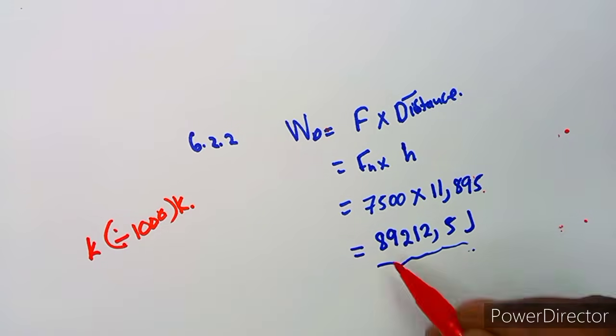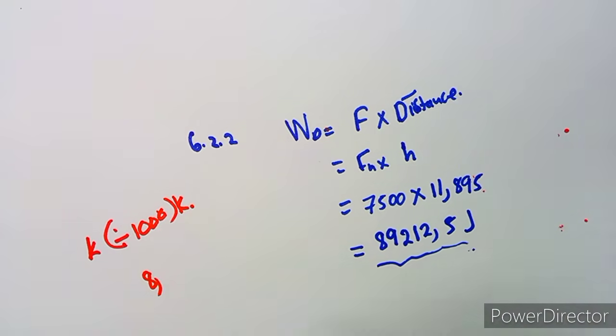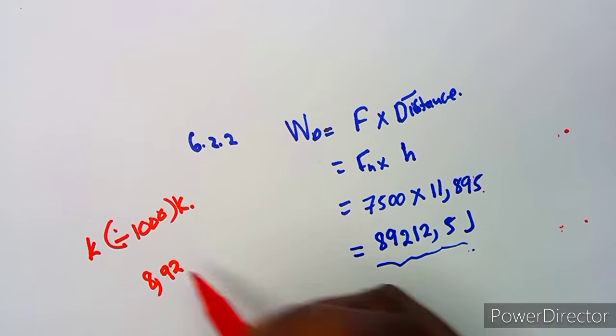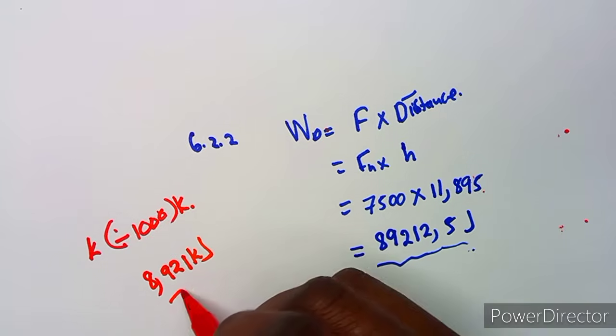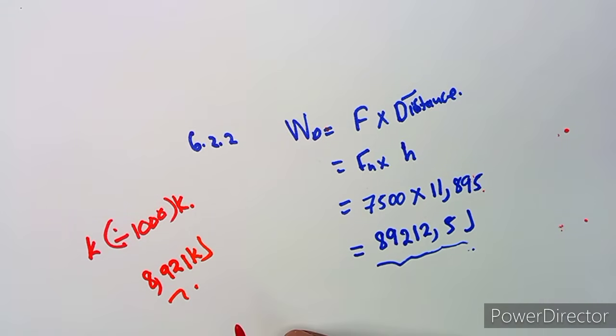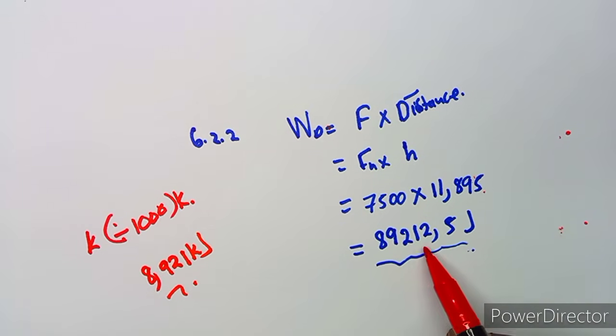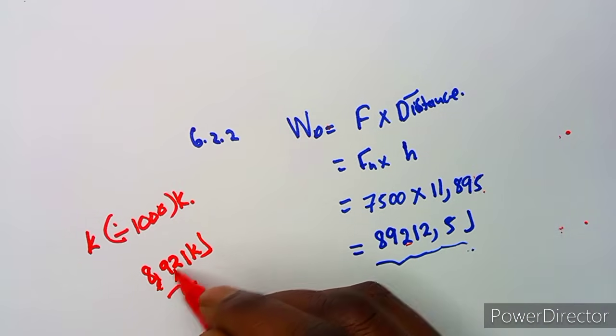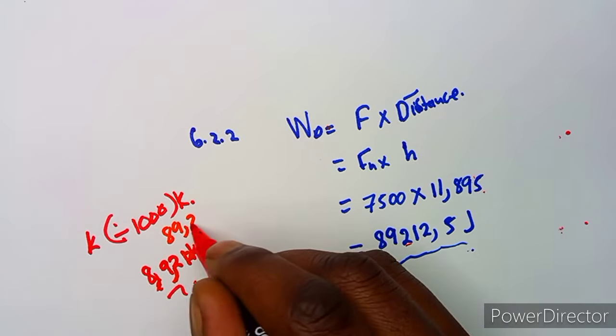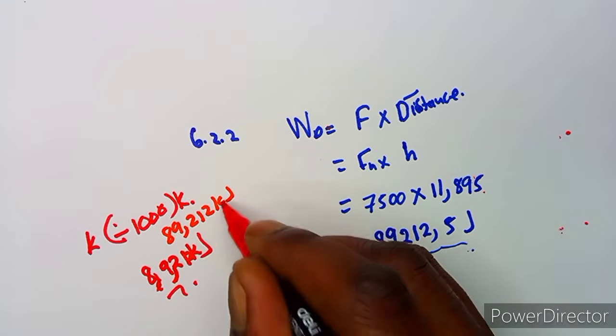So if you divide by 1,000, it is going to be 89.212 kilojoules. So that's the concept. Just divide it.